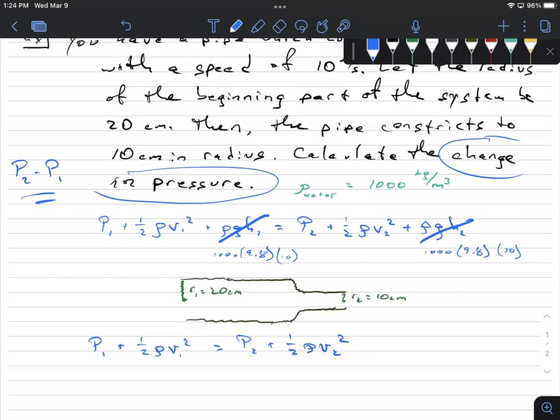Is this supposed to be in centimeters or meters, or it doesn't matter for this type of equation? Very good. Almost always, unless I specify when we're doing the theory kind of stuff, just assume mass is in kilograms, distances, areas, volumes, all of that is in meters, and time is in seconds.